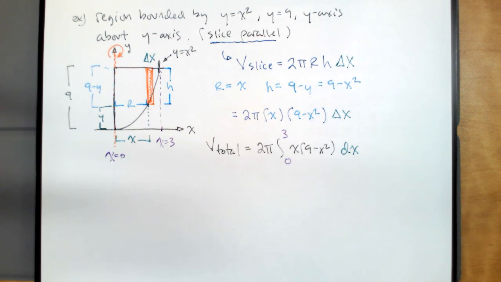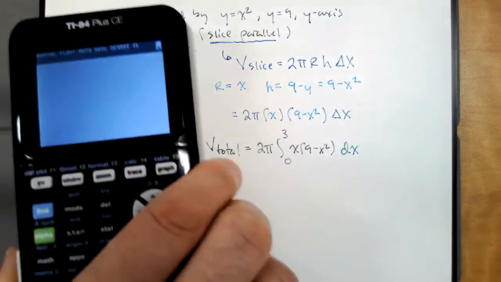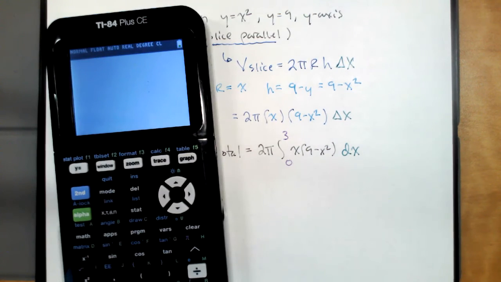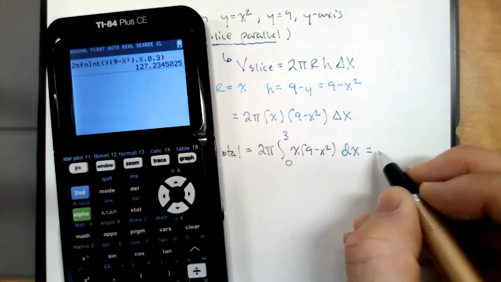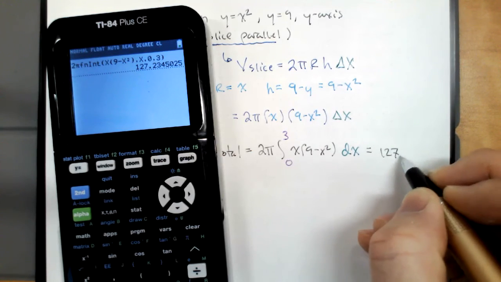So here we have an integral of a polynomial, which would be easy to do by hand. So I'm going to use my hand to grab my calculator and do 2 pi times the integral. I'm not even going to multiply this out. That's exactly how lazy I am. So x times 9 minus x squared with respect to x from 0 to 3, and we get 127.23, which is the same thing that we had before.